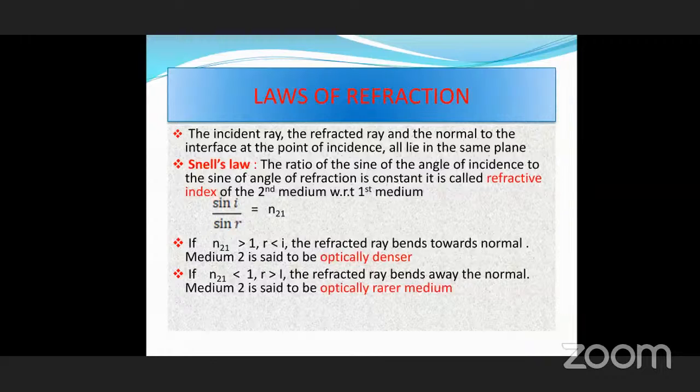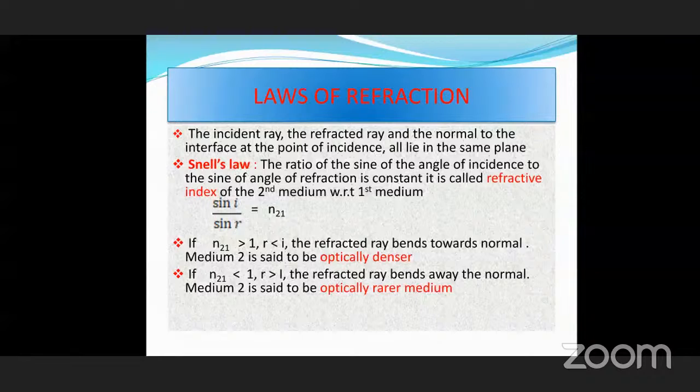The mass density of turpentine is less than that of water. But the light velocity in turpentine is more than the light velocity in water. So turpentine's optical density is more than the optical density of water.